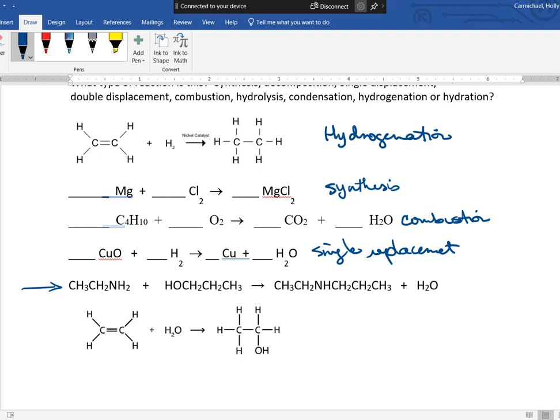They got put together by removing water. So I pulled a hydrogen off of the nitrogen and the alcohol group off of that carbon side, which made water and formed the link. So remember, hydrolysis is when you split a molecule using water. Condensation is when you link two molecules by pulling water. Pull a hydrogen and an alcohol group off of two different molecules, and that'll form that link between them. So this is a condensation.